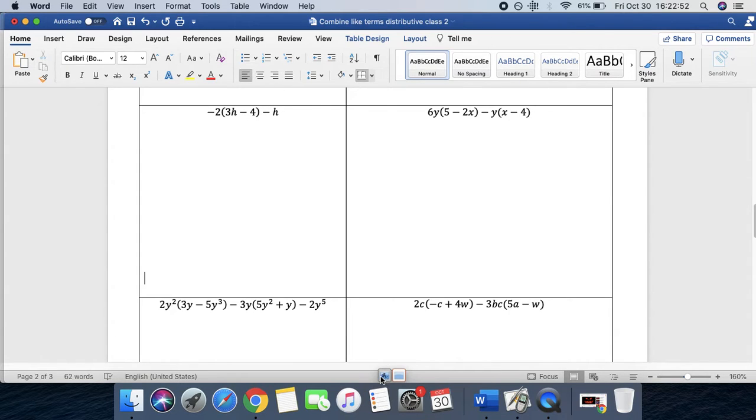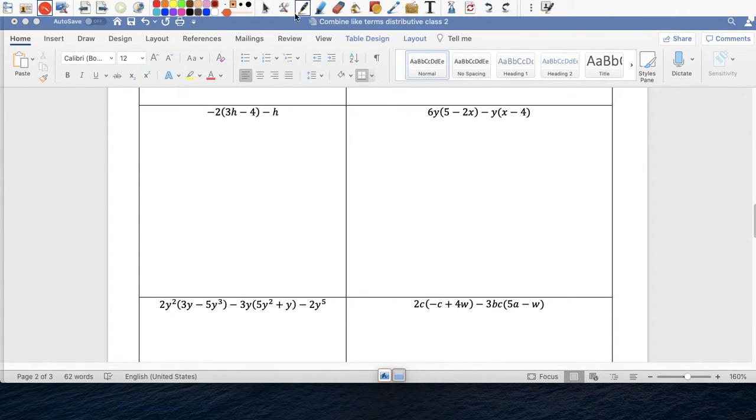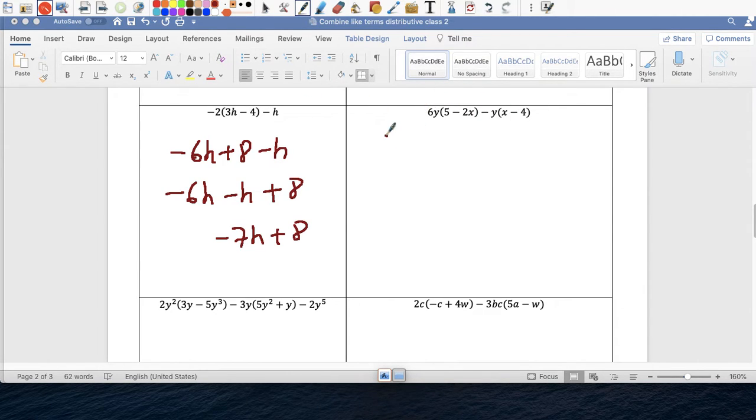Compared to that, look how easy this problem is. Negative 6h plus 8 minus h: negative 6h minus h plus h, and we get negative 7h plus 8. Again, distributive property. 6 times 5 is 30, 30y.